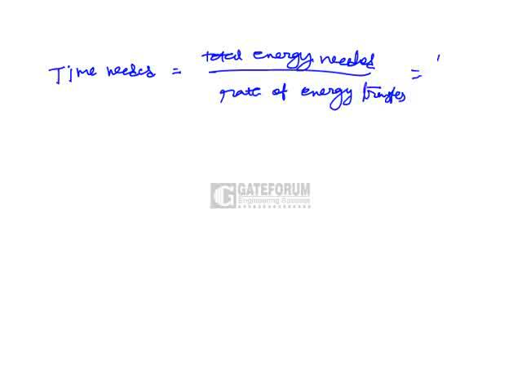So it is equal to 429.3 divided by the rate of energy transfer, 1.2 kilojoule per second, which gives a value of nearly 358 seconds, or nearly 6 minutes. So in the options the right option is C. C is the right answer for the second question.